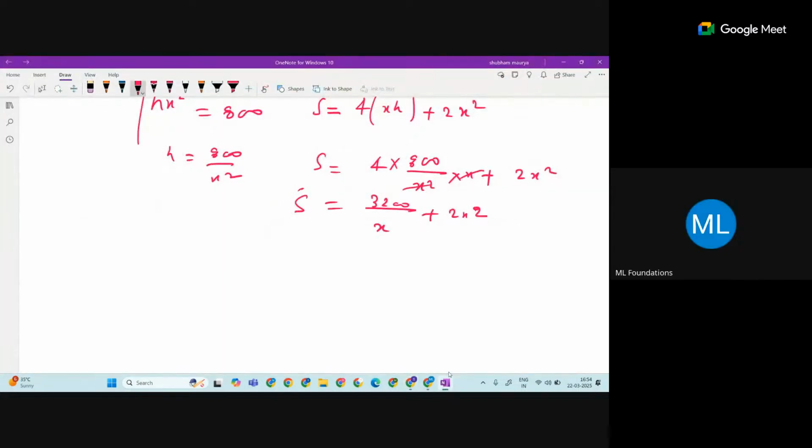So here, what value are you getting for x? This one is 3200 by x plus 2x square. If you take the derivative, okay, fine.